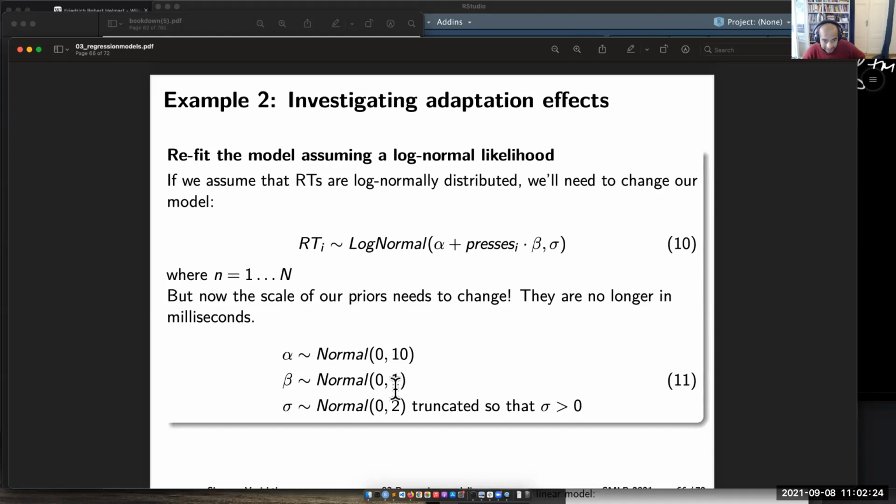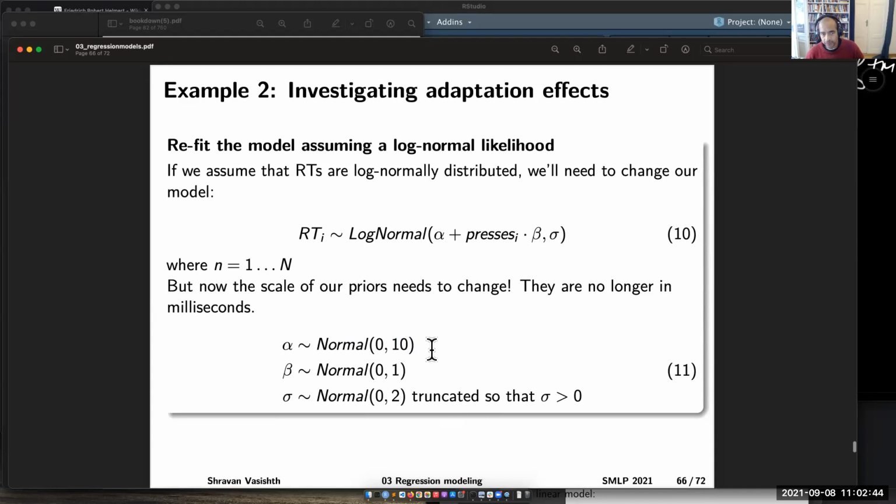This is on the log millisecond scale. The sigma is going to be 0, 2, right? It could be a 0, 1 as well on the log millisecond scale, truncated, of course. And for the alpha, I'm using a normal 0, 10. Of course, this is a nonsensical prior, but it's fine. It's a very broad prior, but we can still use it and nothing bad is going to happen if we use it.